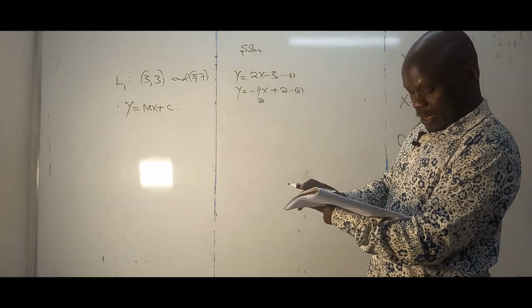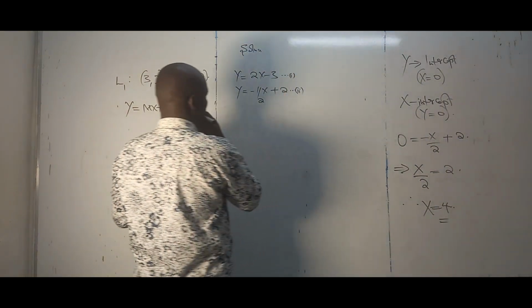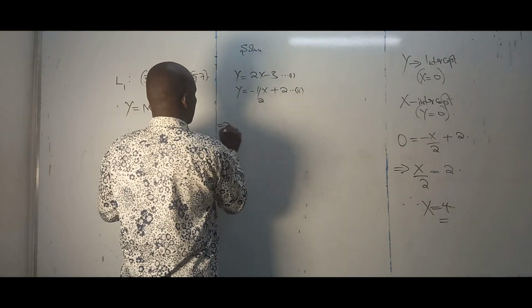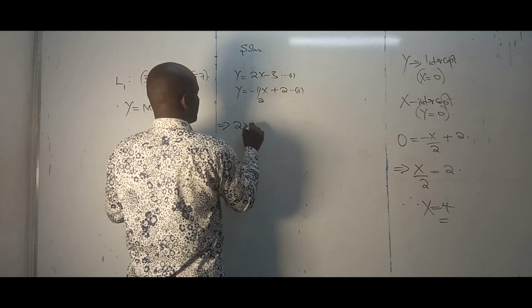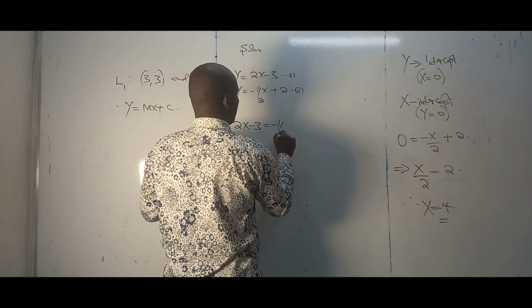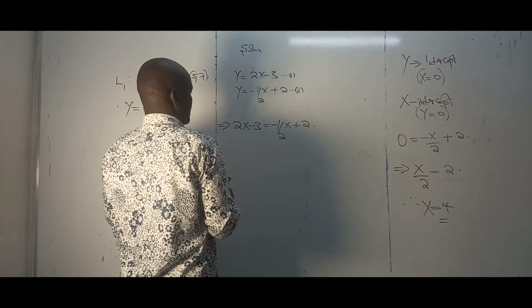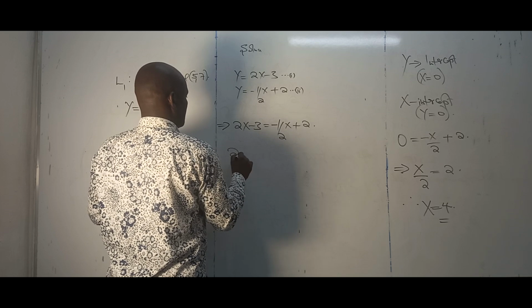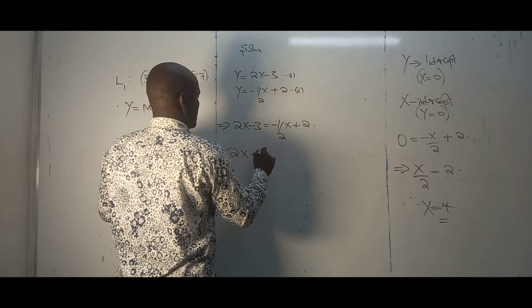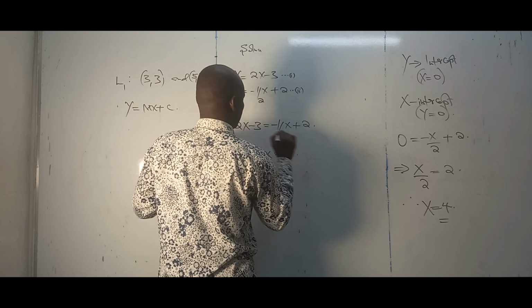Now, if we are to solve simultaneously, I could say 2x minus 3 is equal to minus half x plus 2. Then I bring x this end, I'll be having 2x plus half x is equal to 5.